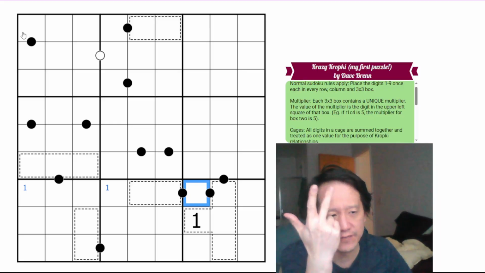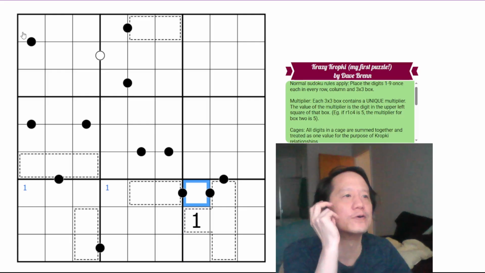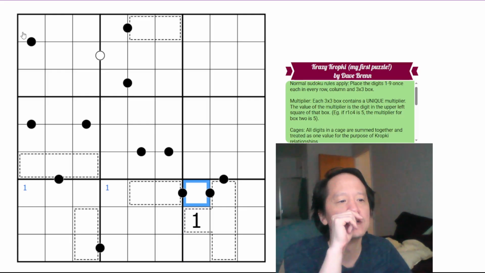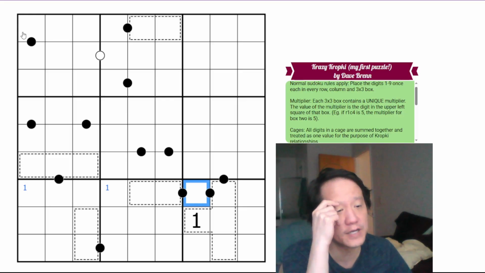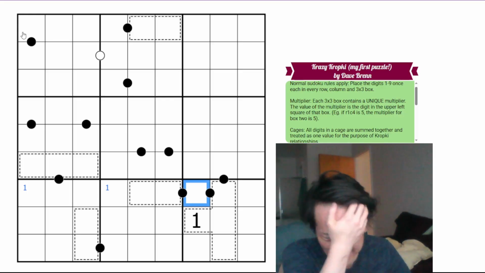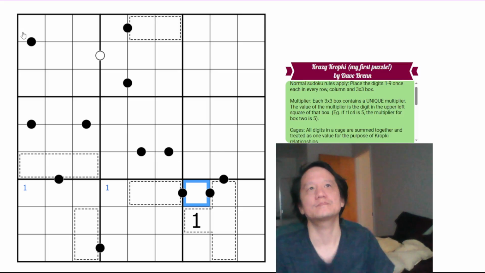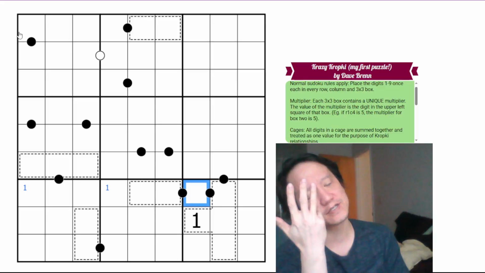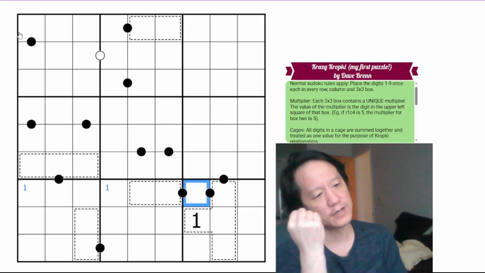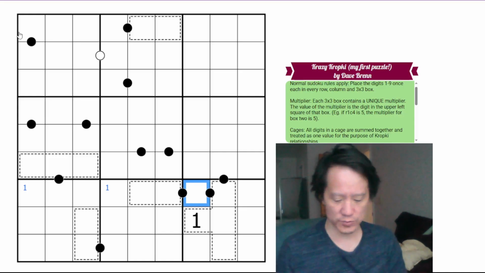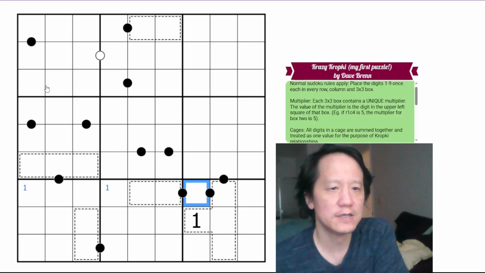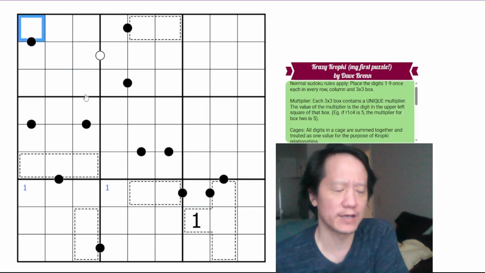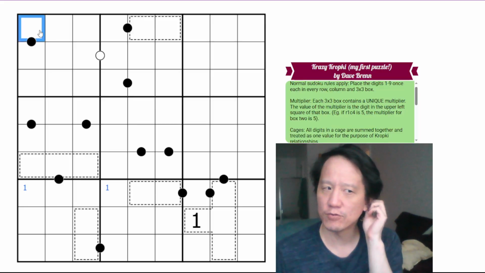Actually, 9, 8, 7 all can only be in cages, or not cages, in upper left-hand corners, actually 6 too. 9, 8, 7, 6, 5 can only be in cages which don't have a black dot, not including that cell, which would be the upper left-hand corner.